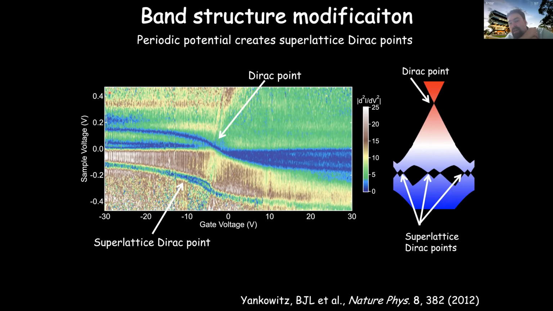The electron-hole symmetry is being broken in this case because we're coupled to the boron nitride substrate. The boron and nitrogen, the difference of those 2 atoms, breaks the electron-hole symmetry that you have in the graphene, and preferentially gives you these superlattice Dirac points down here on the hole side.